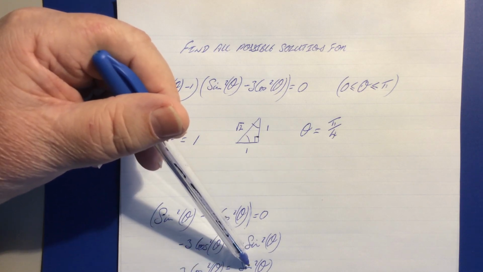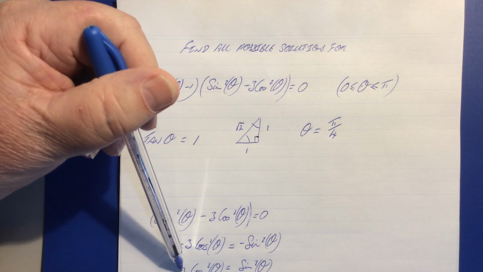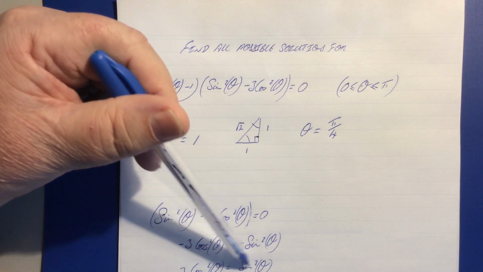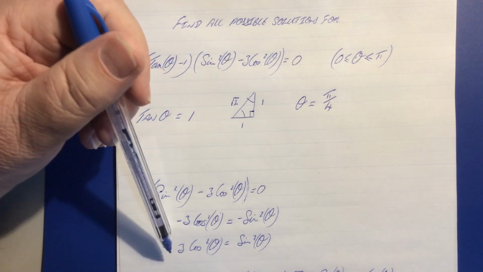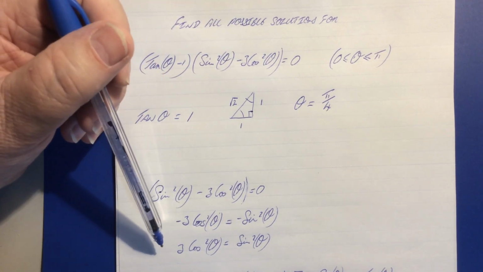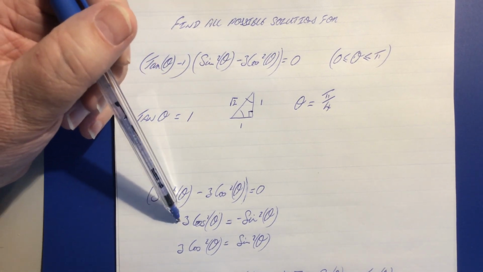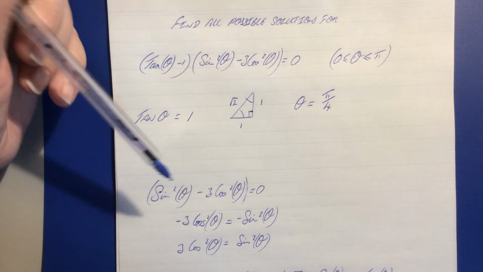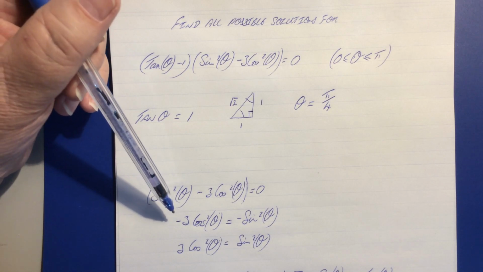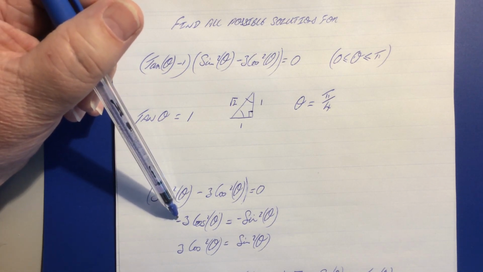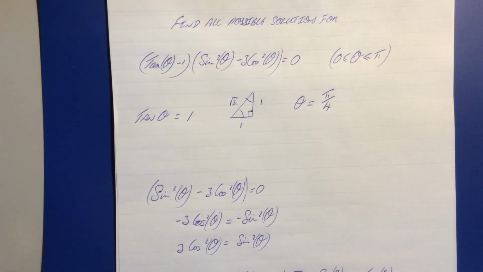And what we then have is 3 cos squared theta equals sine squared theta. Nice and tidy. I'm notorious for dropping negative signs as I do my working, so I just find it best to get rid of them as quickly as possible.